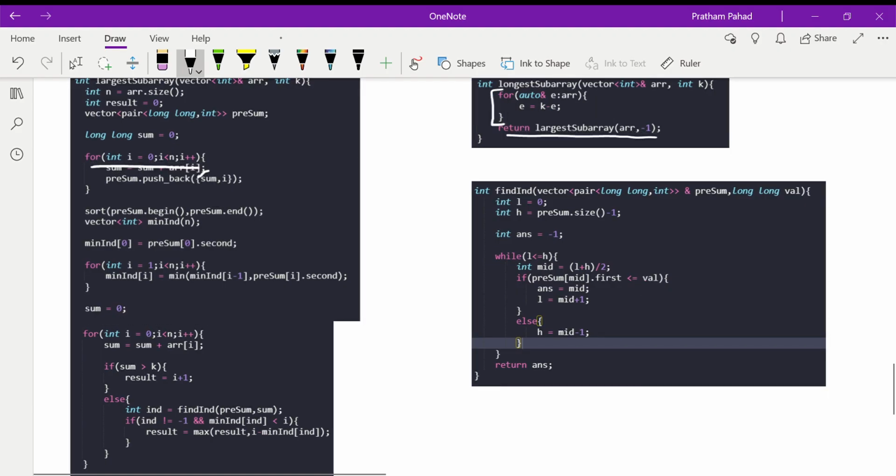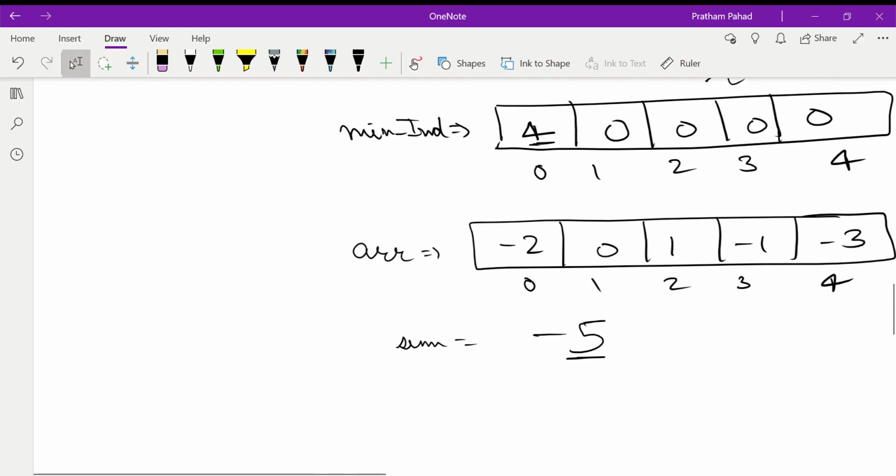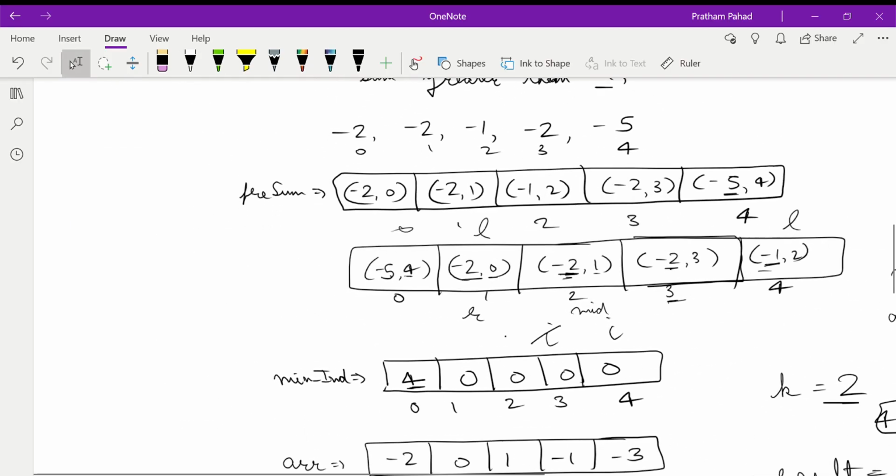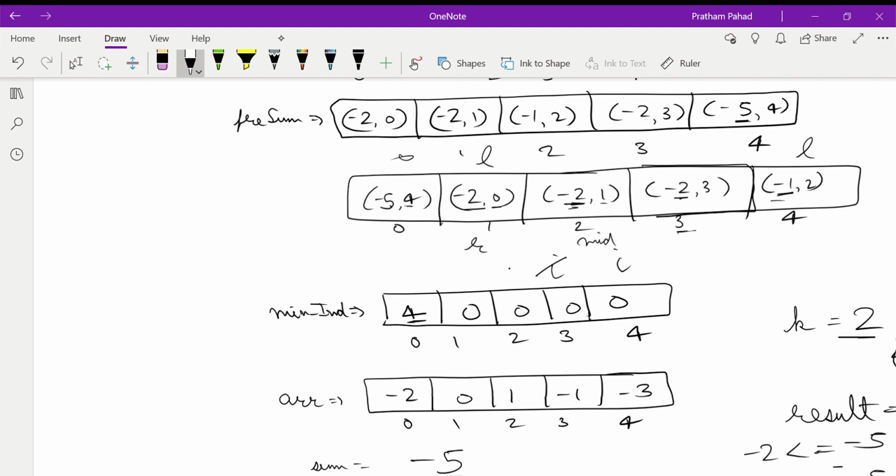Now we'll firstly sort the array and then we'll make a minimum index. After that, we'll store the minimum index as minimum prefix sum of 0 dot second. Here we stored minimum index as prefix sum of second.